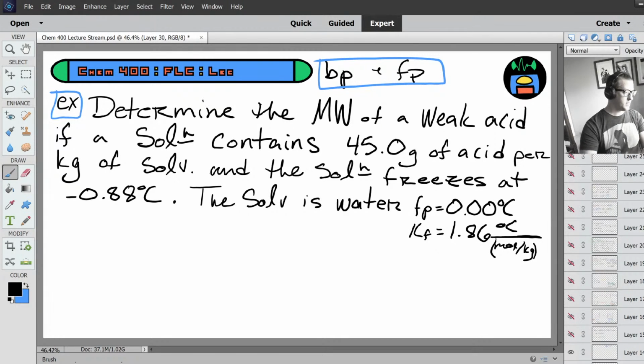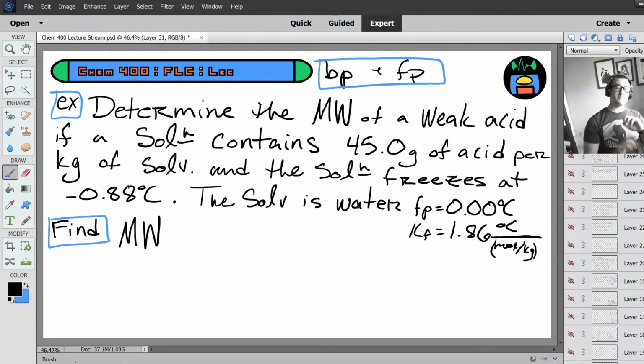So, this is a challenge, right? First and foremost, what we're trying to find here is a molecular weight. That might seem totally out of left field, all right? But let's think about what a molecular weight is.